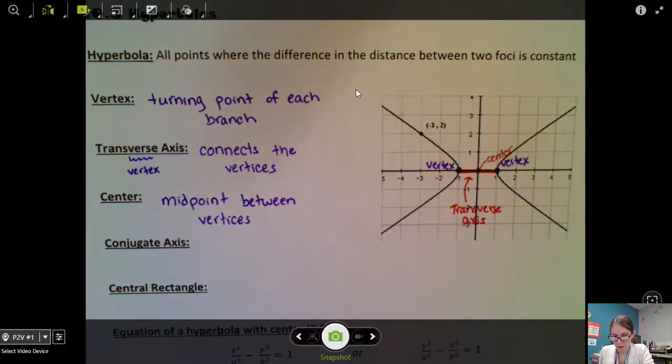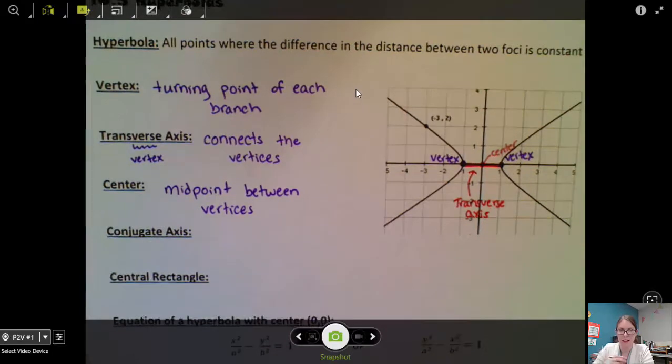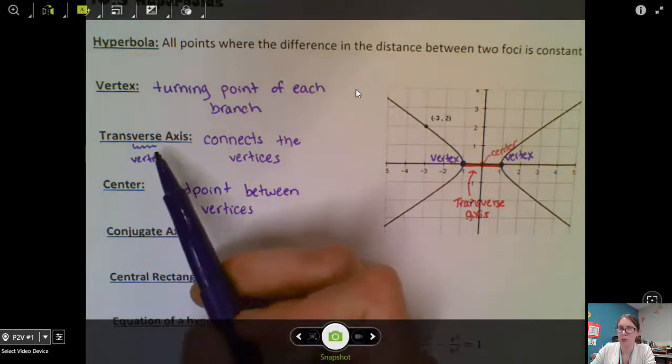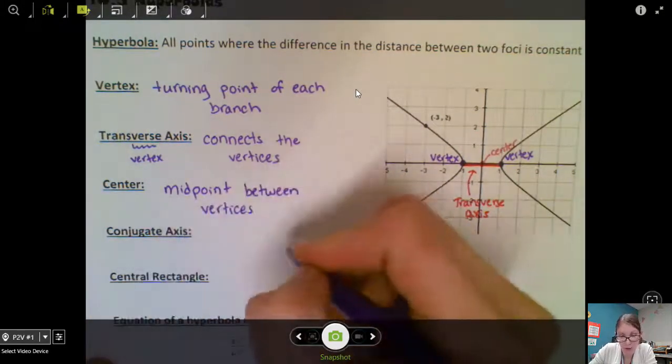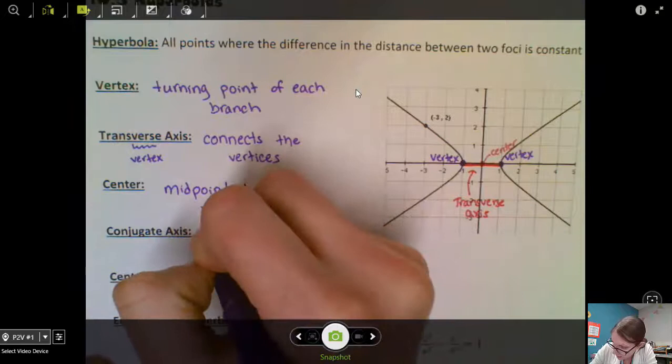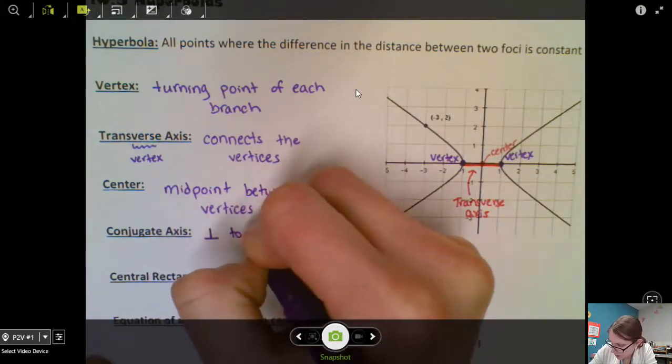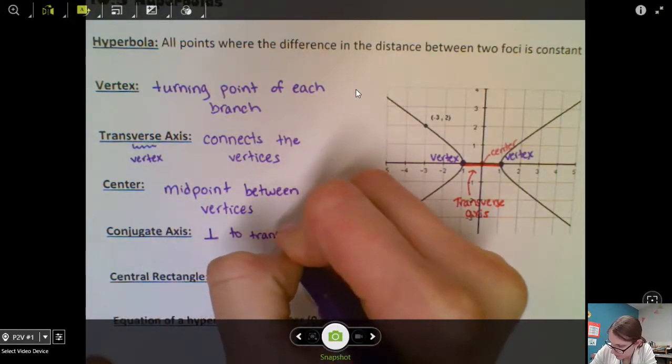All right, then we also have this conjugate axis and the central rectangle. These parts are different, I guess. The transverse axis kind of goes along with the major axis with the ellipses. Conjugate axis kind of goes with the minor axis. It's perpendicular to the transverse axis.